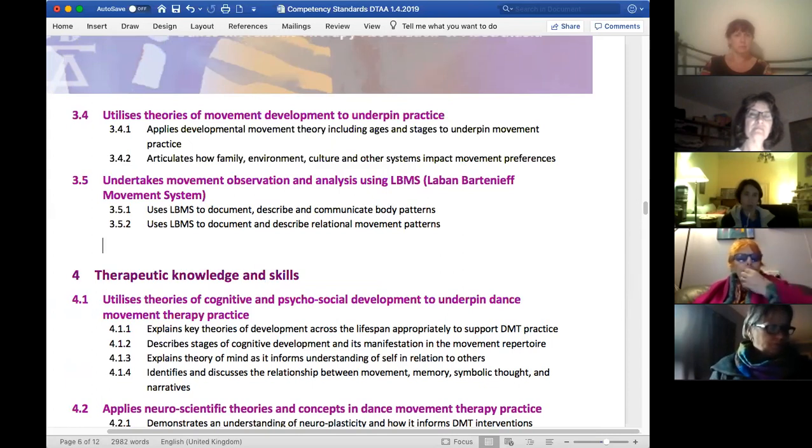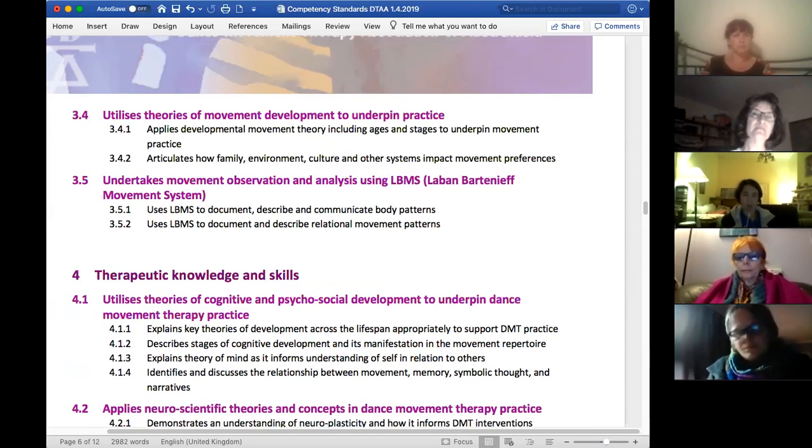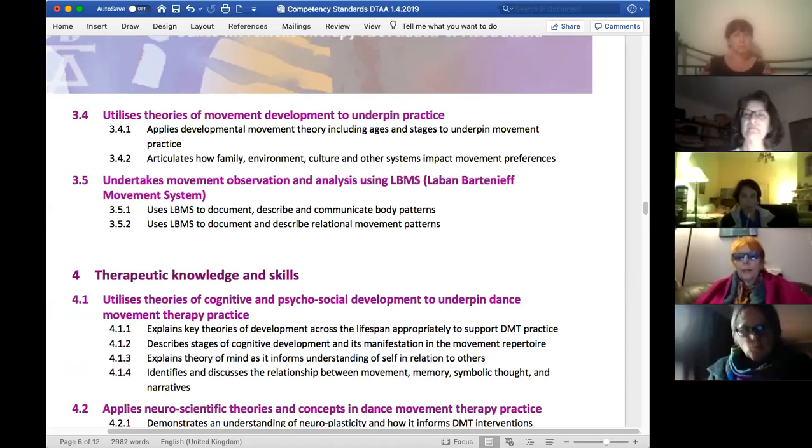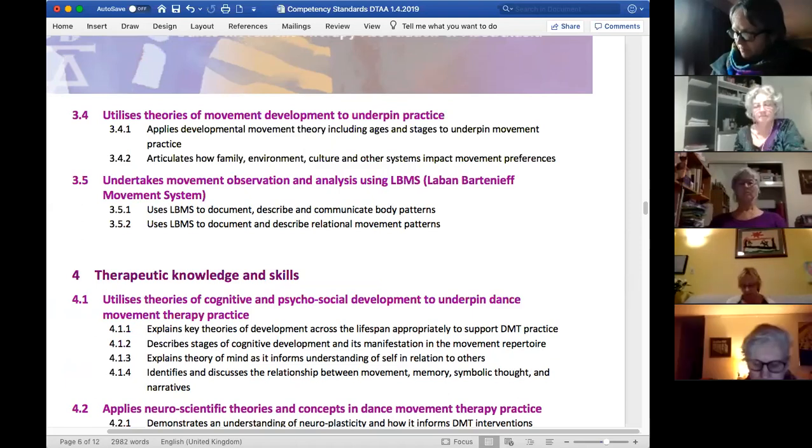And then most importantly in my book, that there is this application and ability to use, for both observation and analysis, the Laban-Bartenieff Movement System. If you've known it in the past as LMA, that's the same thing. It's just that it's now called Laban-Bartenieff in order to honor Irmgard and her contributions.